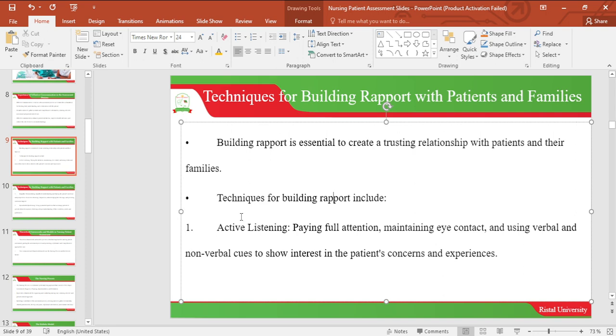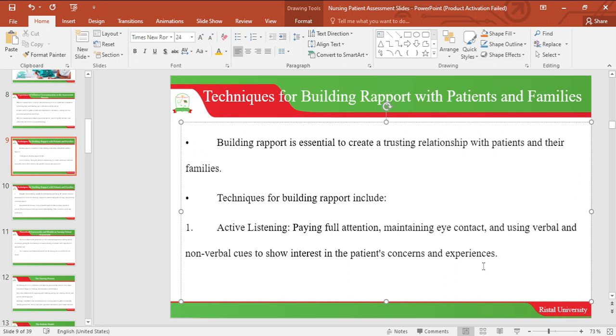One of the first techniques is active listening: paying full attention, maintaining eye contact with the patient, and also using verbal and non-verbal cues to show interest in the patient's concerns and experiences.